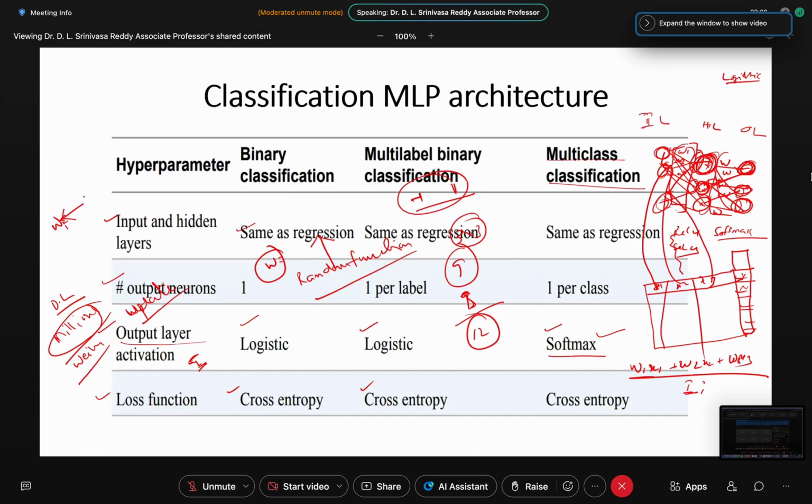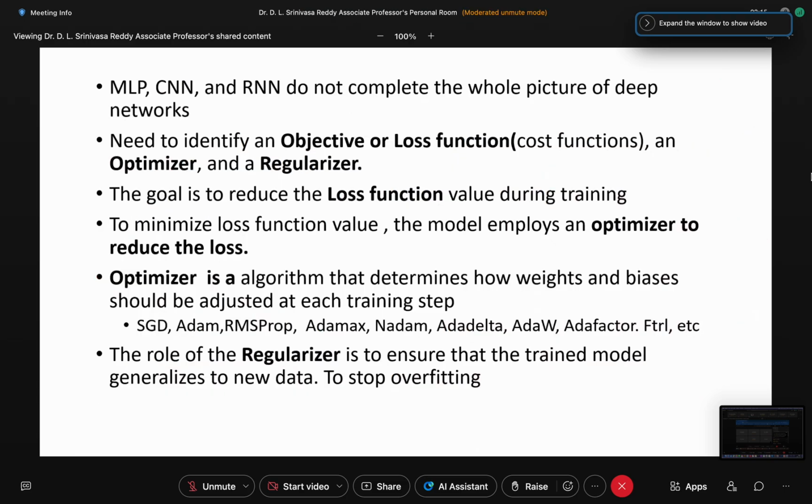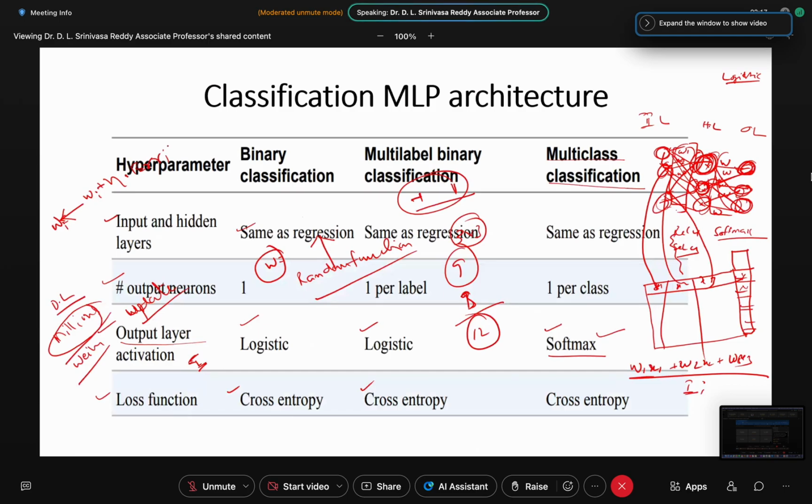WI is updated with the old WI plus eta into error of that into xi. That formula we have seen and calculated. So for one weight, you require the error from the next layer connected to this neuron, and that connection weight will be updated with this process. This is a simple process. All optimizers use different types of weight updation processes to update the weights.